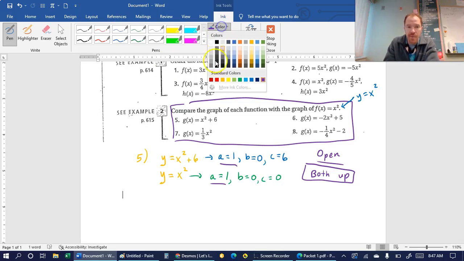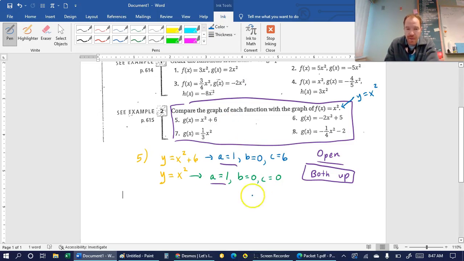Another thing to compare would be the width. We could talk about one parabola being wide and one being narrow relative to each other, but this is also going to be looking at the value for a.